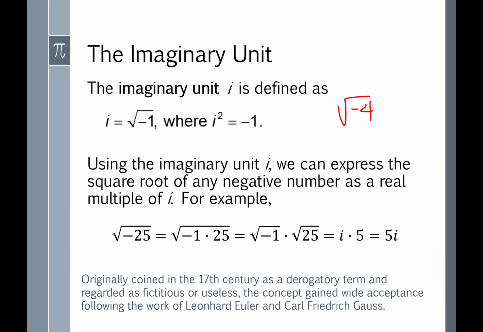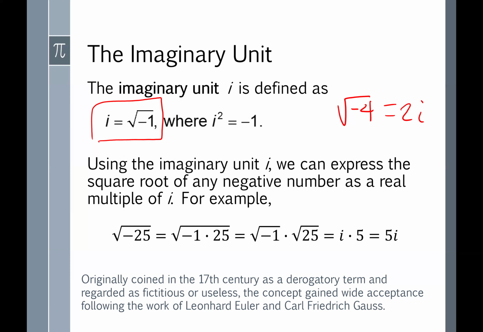But in imaginary numbers, that's 2i. So the imaginary unit, i, is the square root of -1 by definition. If I square both sides of that equation, I get i squared is equal to -1. Poof. Now you have a number that you can square and get a negative.